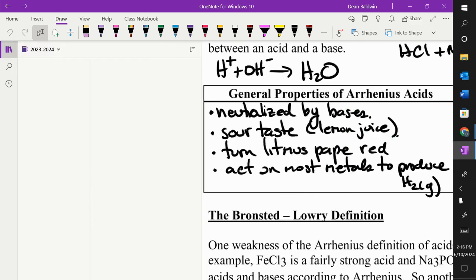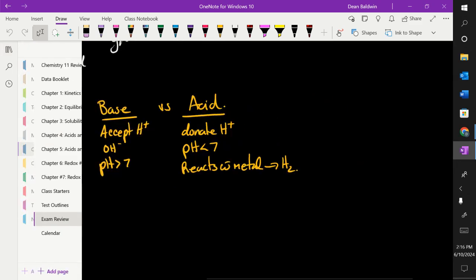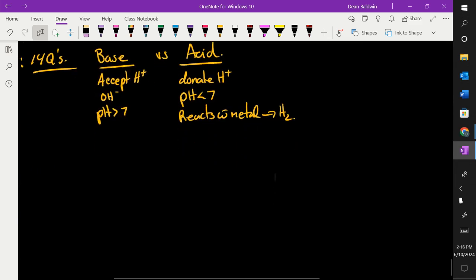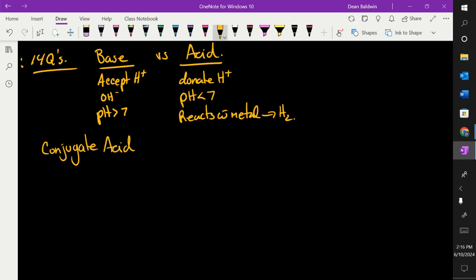Okay. All right. Conjugate acid. Oh, yeah. Do conjugate acid base pairs. This is sort of the review of acids and bases right now.